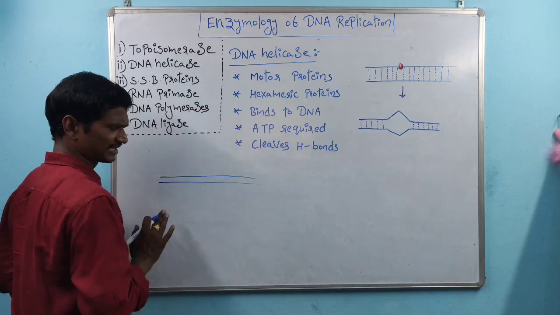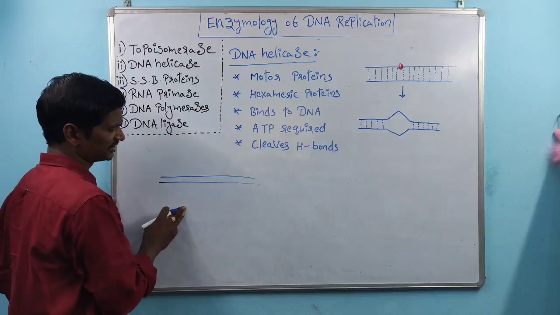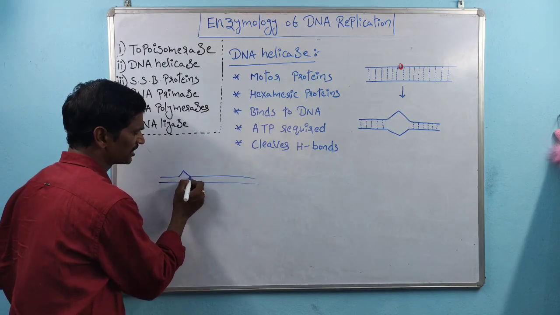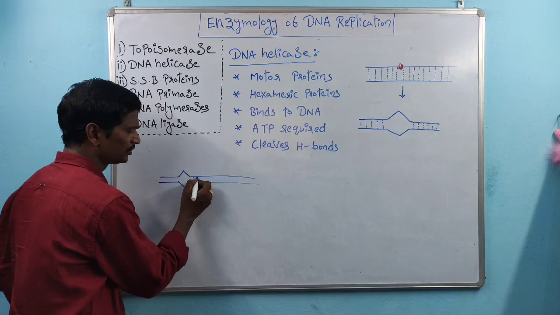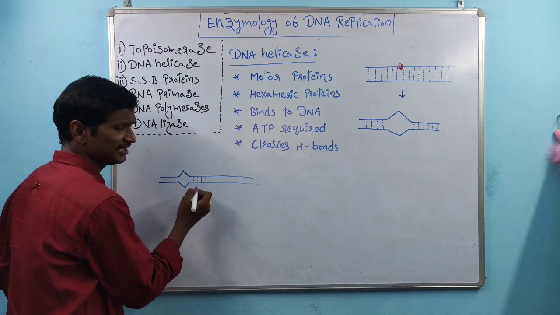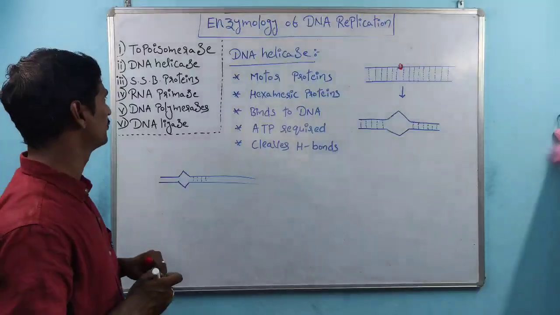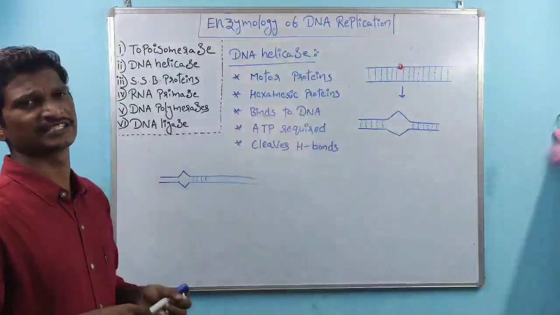First of all, the coil-like structures are removed. We already discussed the topoisomerase enzyme. And next, the closed strands are opened. Between the two strands of the DNA there are hydrogen bonds present. Those hydrogen bonds are cleaved by one of the enzymes. The enzyme name is DNA helicase.